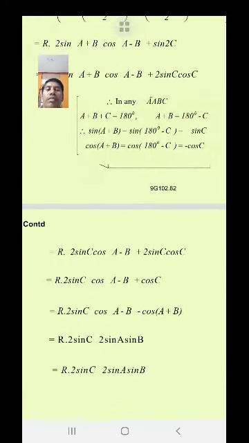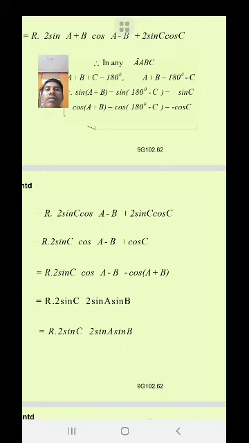And next step, R of sin C into cos of (A minus B) plus 2 sin C cos C, and R of 2 sin C, if we take common from both terms, and bracket open, cos of (A minus B) plus cos C, and bracket close. Then next step, R 2 sin C, cos of (A minus B), cos C we can write as minus of cos (A plus B).